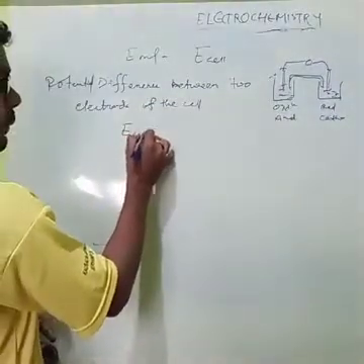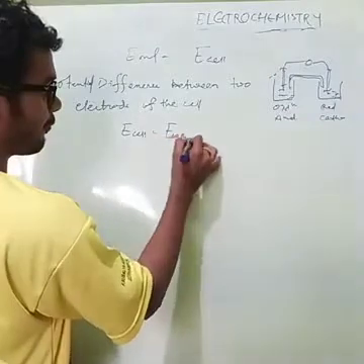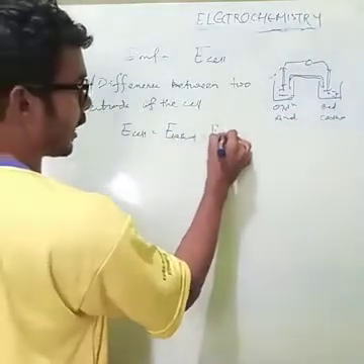So E cell will be E cathode minus E anode.